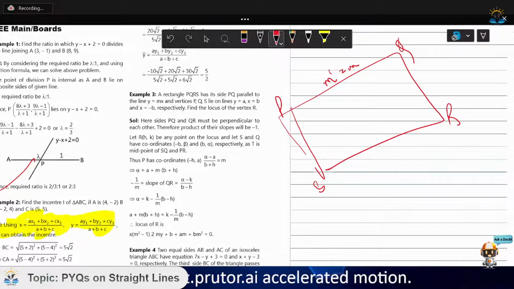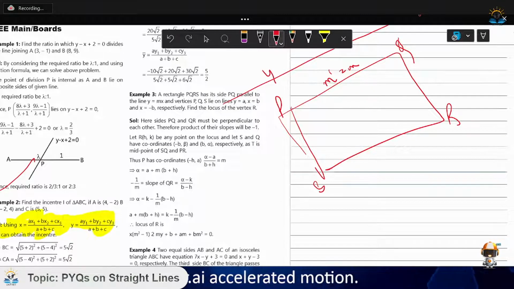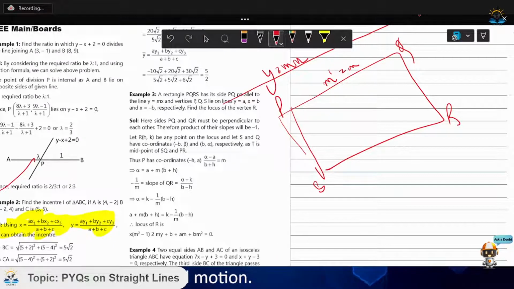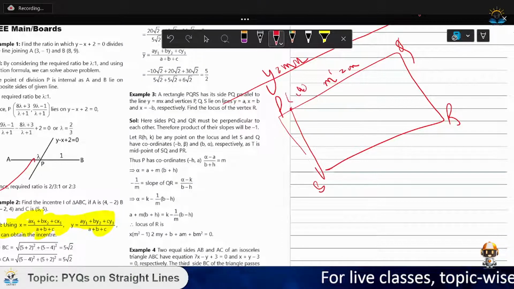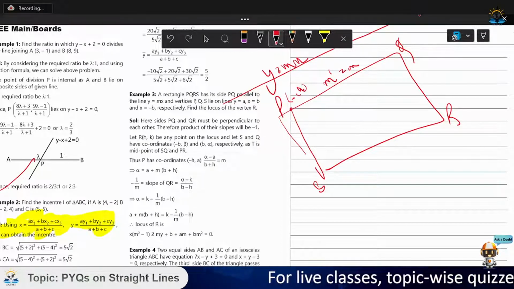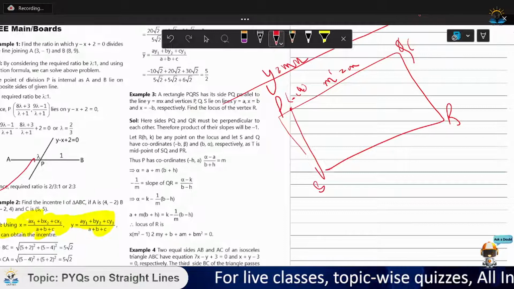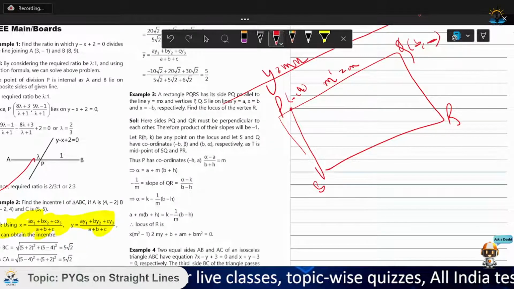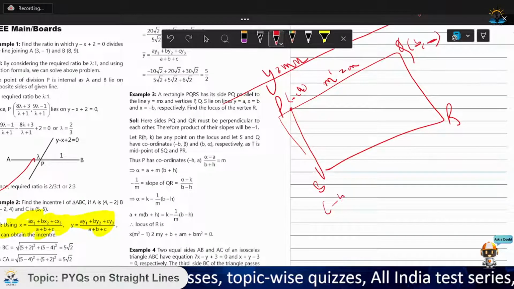I have been told that this is parallel to the line y is equal to mx, so the slope of PQ is m, and P and S lie on the line y is equal to a. So we know one coordinate of P, but we don't know the other. Then Q lies on x is equal to b, and S lies on x is equal to minus b.